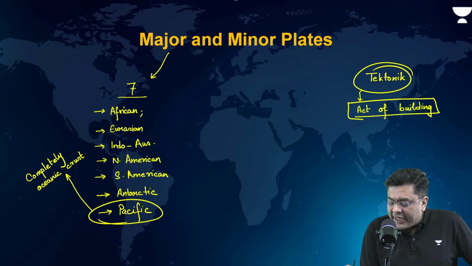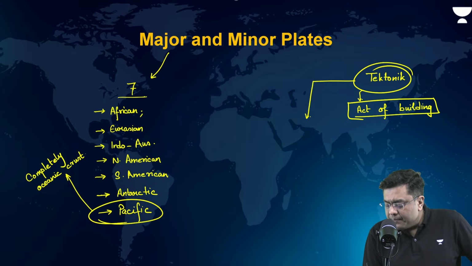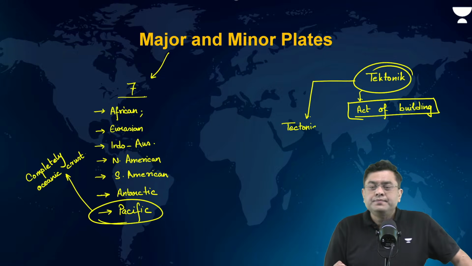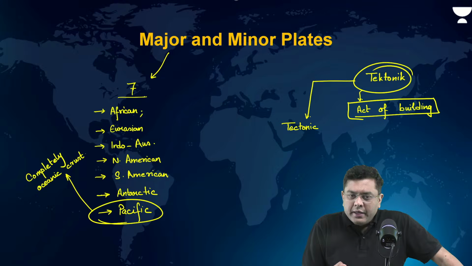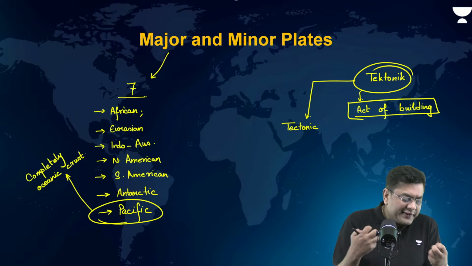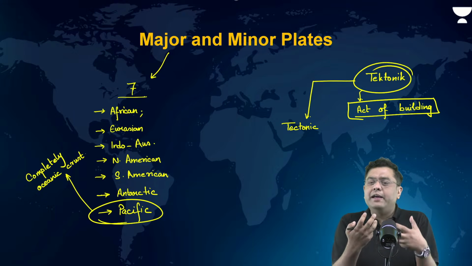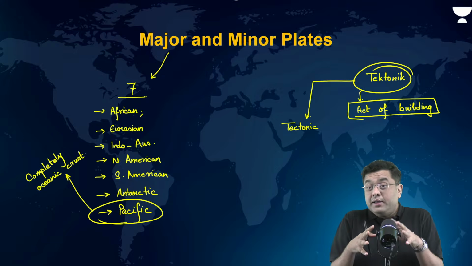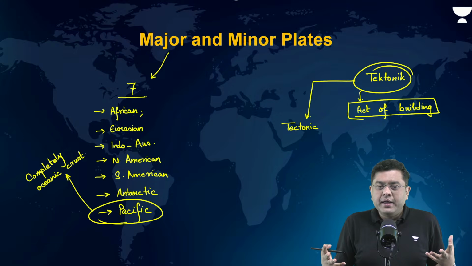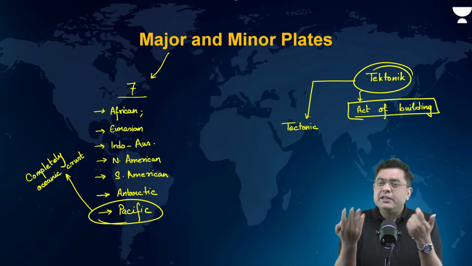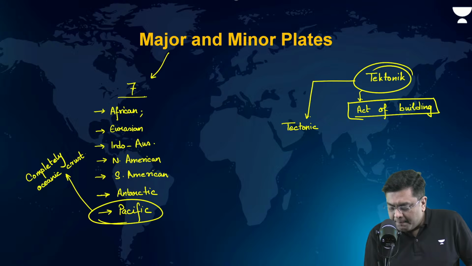Now, this tectonique eventually was converted into tectonic. Okay. So what it initially meant was that the plates which are coming together, moving away from each other, are building something. But it later on translated into plate tectonic.